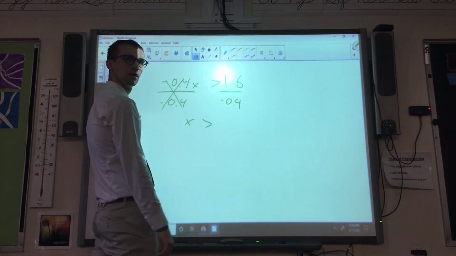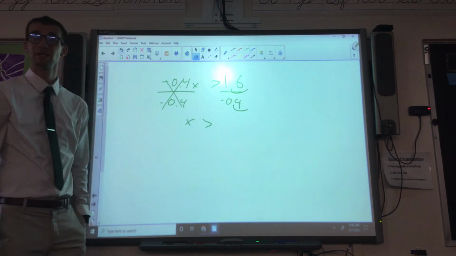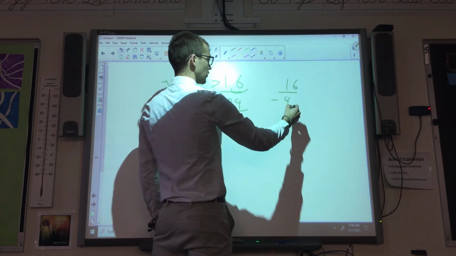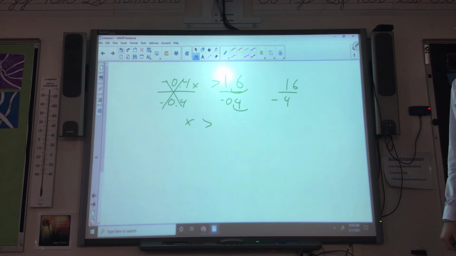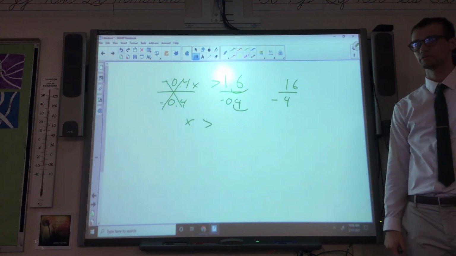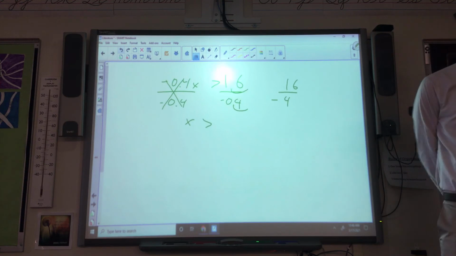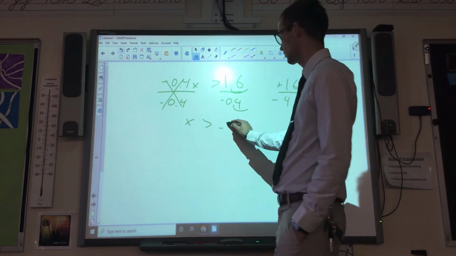You move the decimals over. It's the same thing as multiplying by 10 over 10. So now I get 16 over negative 4. That equals 4? 16 divided by negative 4 is not 4. A positive divided by a negative is negative, so it's negative 4.